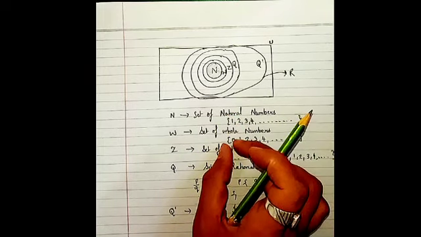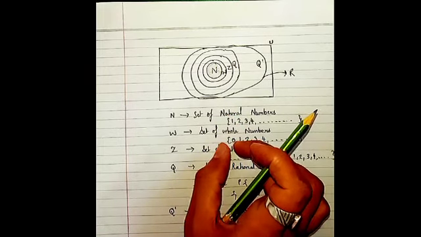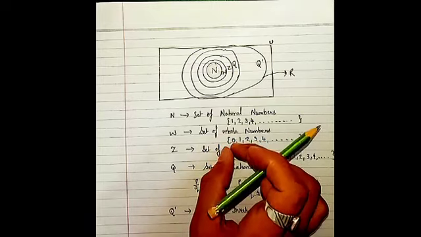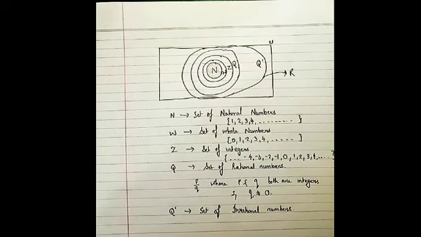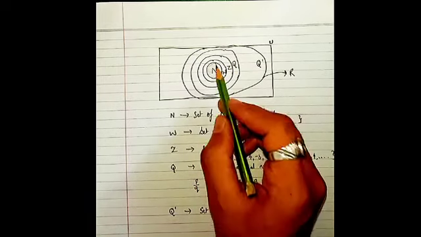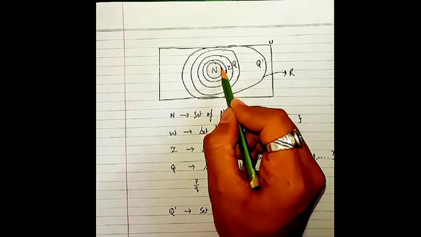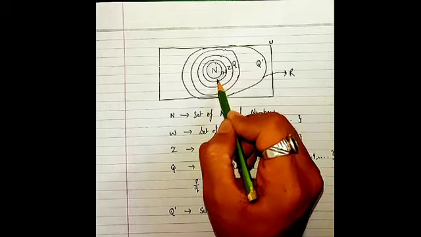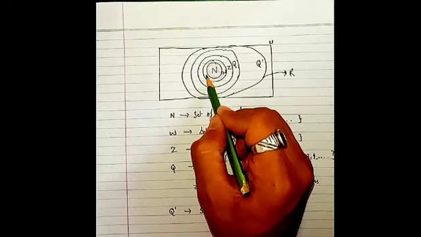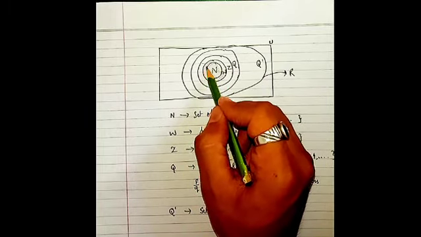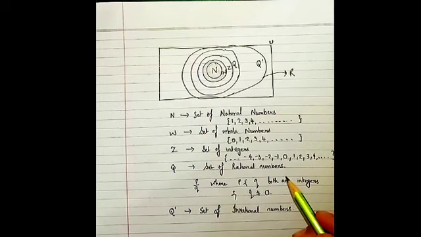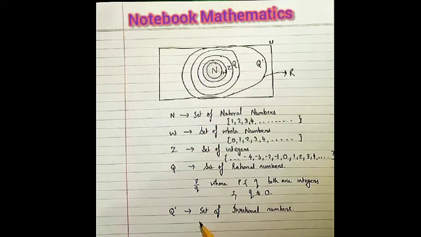So 0 is an extra number, which falls in the category of whole numbers. Therefore, whole numbers are numbers which contain 0 as well as all natural numbers.